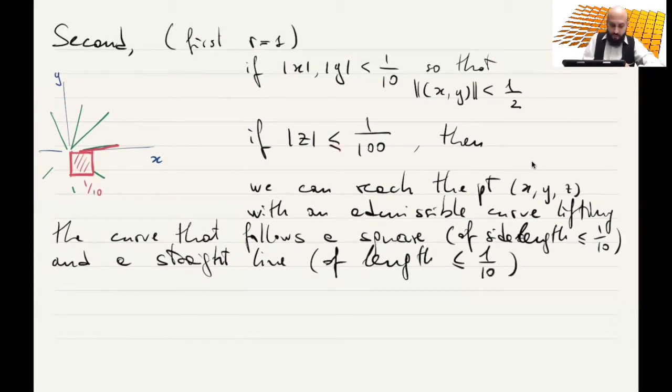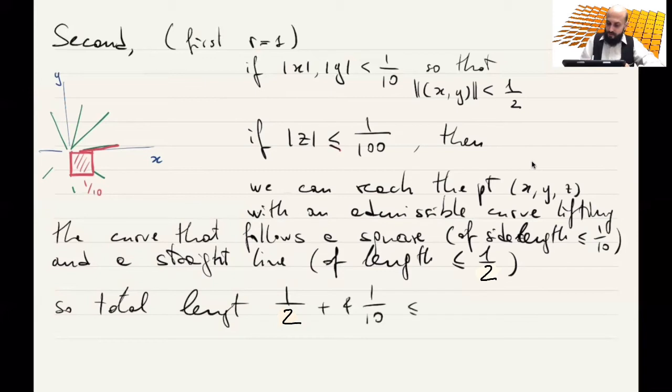So the total length is 1/10 plus 4 times 1/10, which is less than 1.